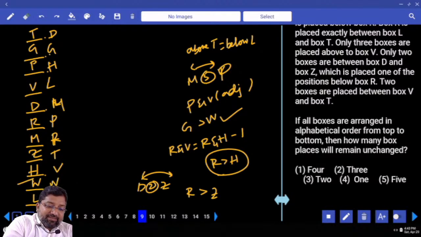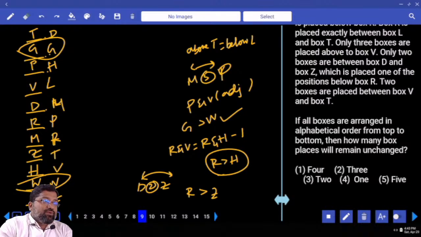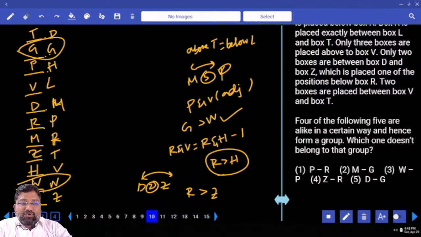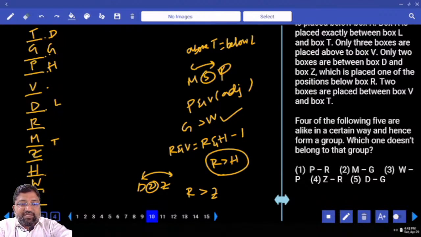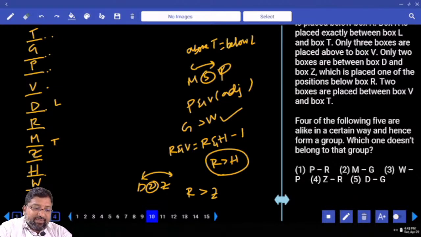How many are in the same place? 1. Here, 4 out of the following 5 are alike. He says P and R. How many persons between P and R? 2 persons.